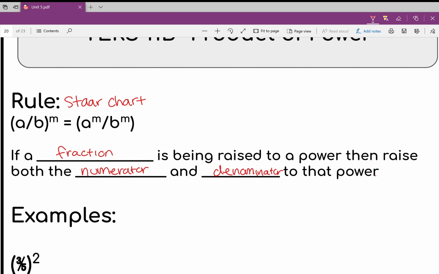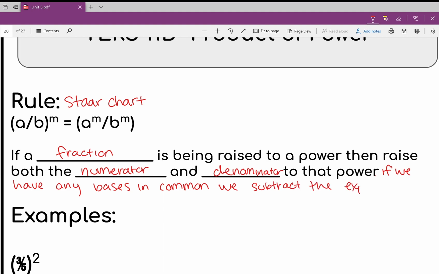And then remember yesterday we said if we had any bases in common, we would add the exponents. Since we're dividing now, if we have any bases in common, we subtract the exponents.